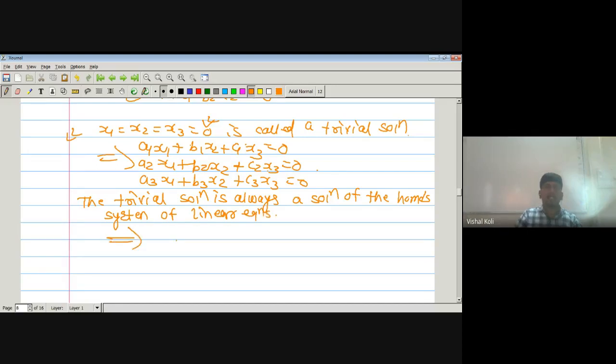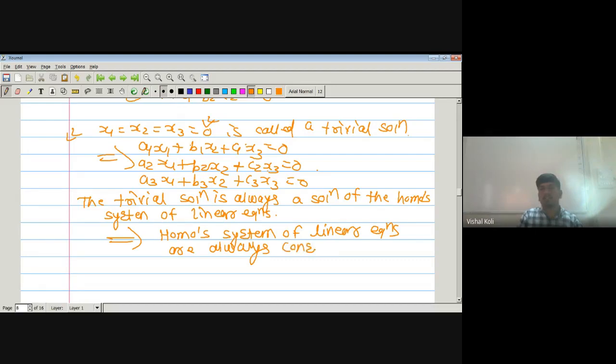It implies that homogeneous systems of linear equations are always consistent, since they always have a solution, which is the trivial solution.